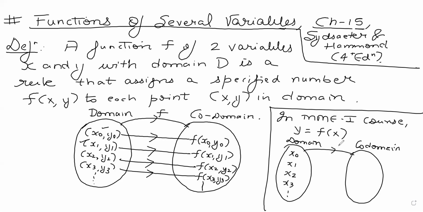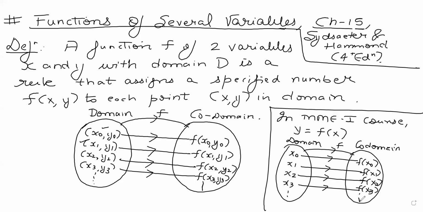And then we had the function f of x0, f of x1, f of x2, f of x3, and so on. This is what we had done in the MME-1 course. Our domain was the set of values taken by x. Our codomain consisted of all the images formed by the domain, which we used to call the range.